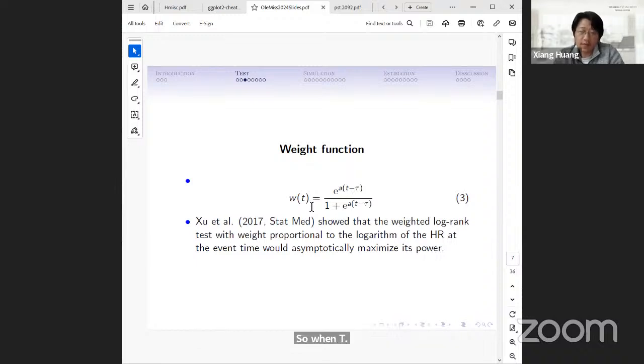This function changes smoothly from 0 to 1, and tau and a are two parameters. When t is tau, it's 1/2, in the middle between 0 and 1, and the other parameter, alpha, will control the width of the transition period.